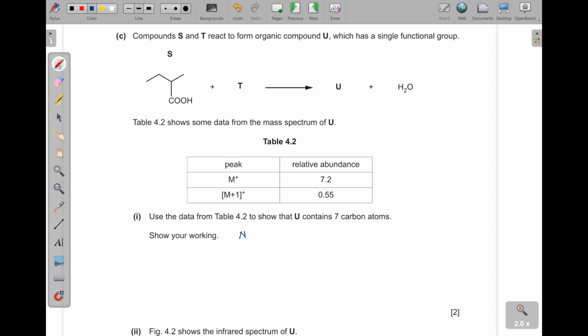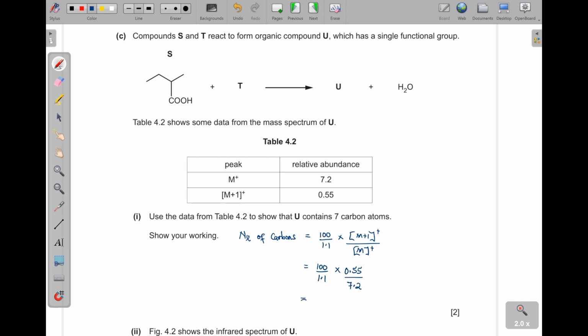So we shall say number of carbons is going to be equal to, the formula is 100 out of 1.1, times the relative abundance of the M plus 1 peak, divided by the relative abundance of the M plus. Now, this is 100 out of 1.1, times the relative abundance of the M plus 1, which is 0.55, and for the M plus it is 7.2.